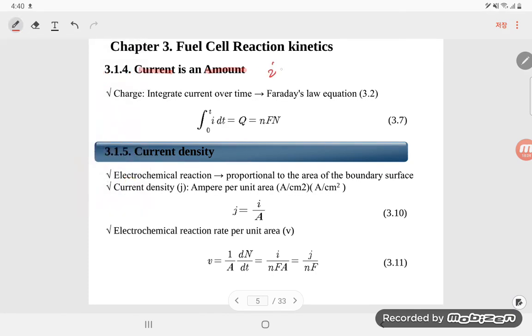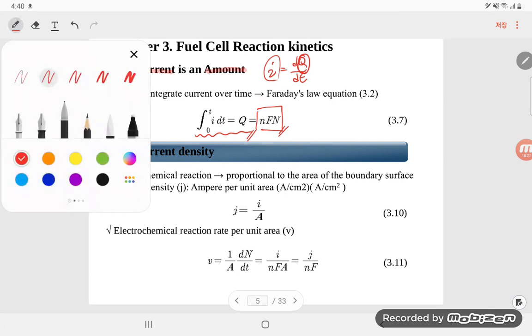So I equals dQ/dt. To get this, we should integrate this current over time, and Q equals nFN, right? nFN.